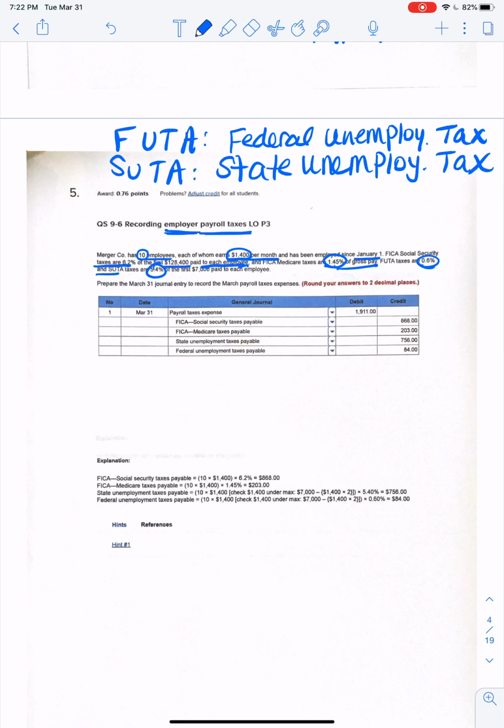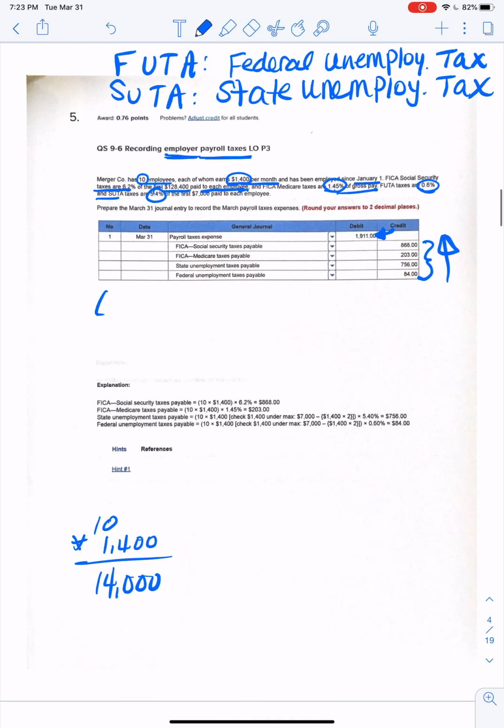So what we see is in this case, we're not going to be able to jump straight to our debit. Instead, we have to actually build from the bottom up. And so the way that we're going to do that is we're going to first calculate our Social Security taxes payable. So to do that, just to save us some time in other questions, I'm going to first take my 10 employees times the $1,400 per month, and that'll give me $14,000.